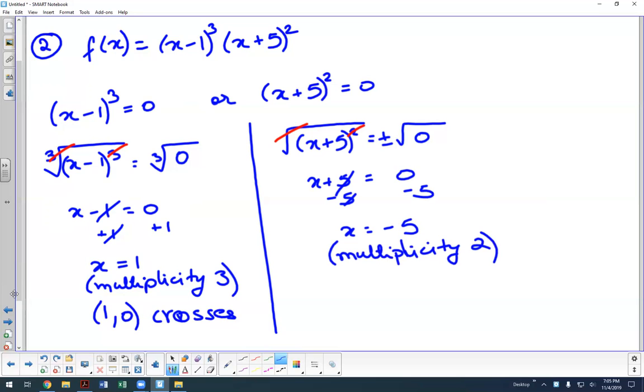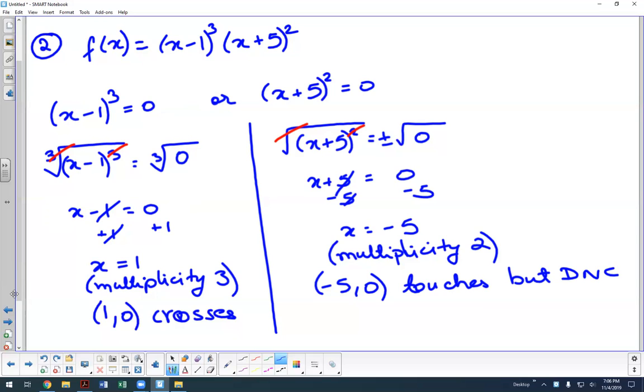Okay. So for this ordered pair, -5, 0, what kind of behavior do we expect when it's a multiplicity of 2? It's an even number, so your graph will touch but does not cross. So it touches but does not cross. Okay.